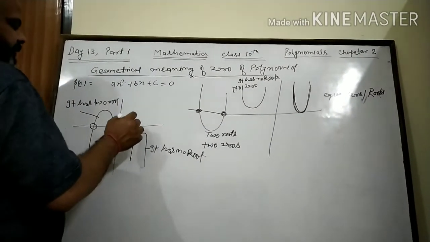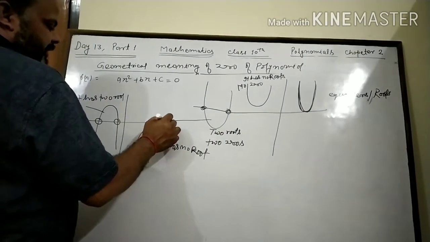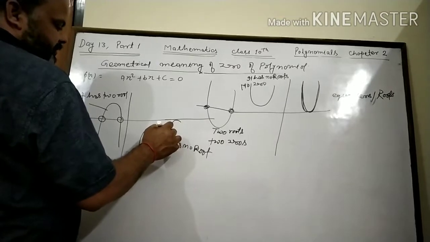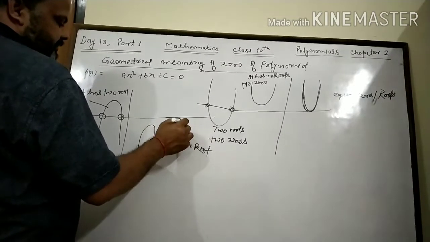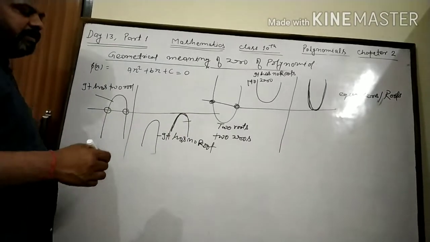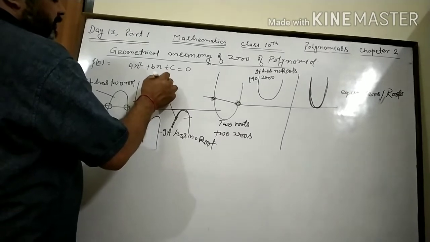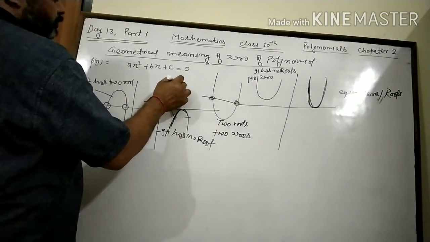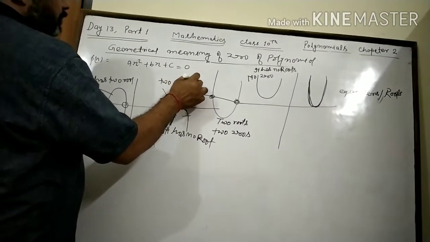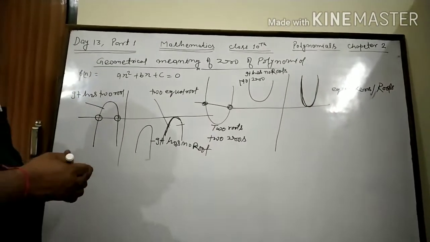And if the parabola intersects the x-axis at a point, then it has two equal roots. This graph has two equal roots, or the two zeros are equal.